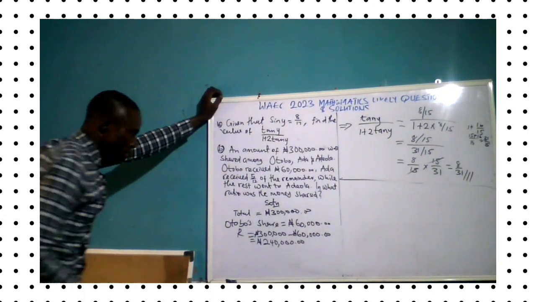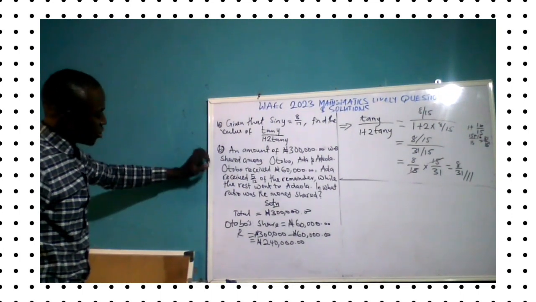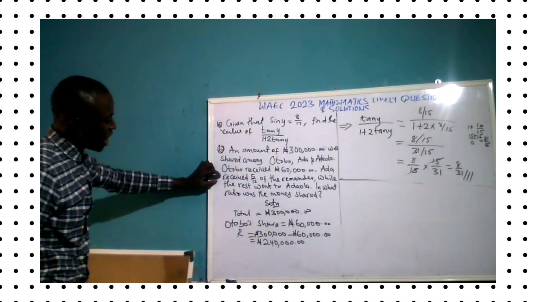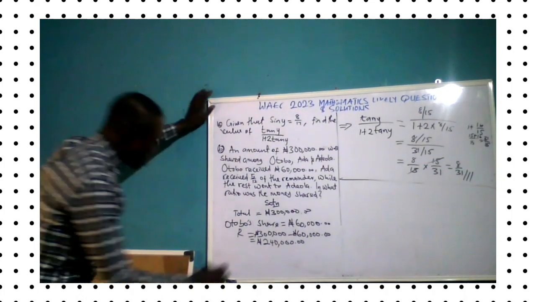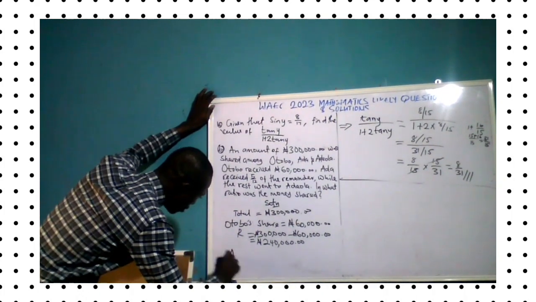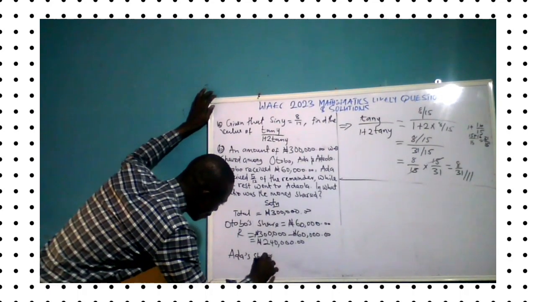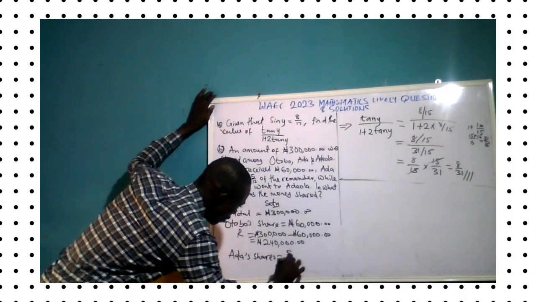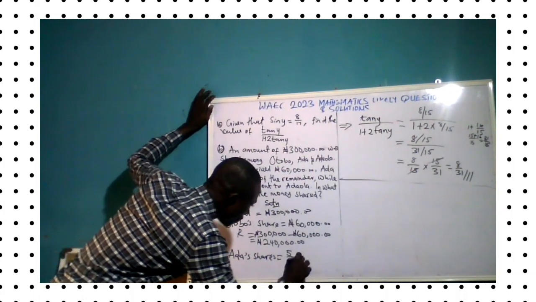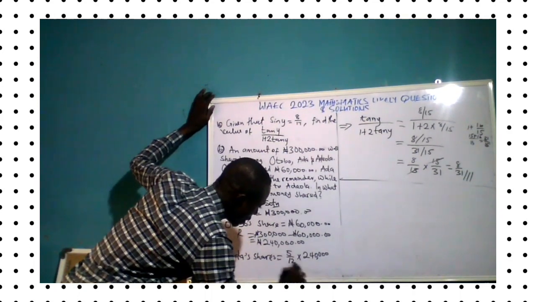And with this remainder, we can get Ada's share, because it is stated in the question that Ada's share is 5 over 12 of the remainder. So Ada's share is equal to 5 over 12 of 240,000.